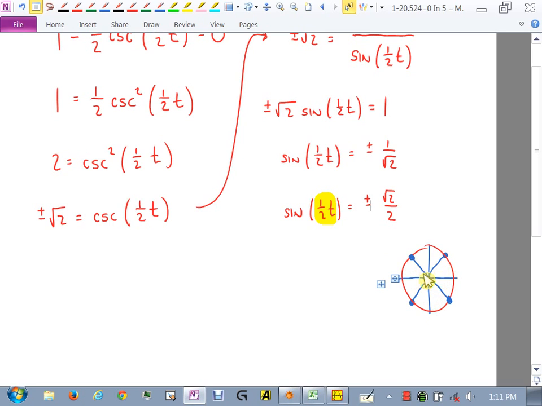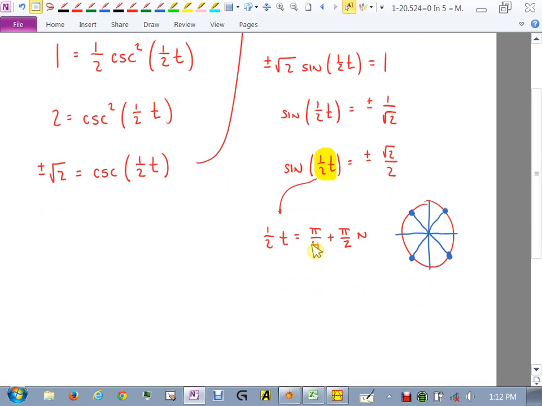So pi over 4, I need pi over 4 plus pi over 2 n. That's what my argument has to be equal to. So I need my 1/2 t to be equal to pi over 4 plus pi over 2 n. So pi over 4 starts you out.